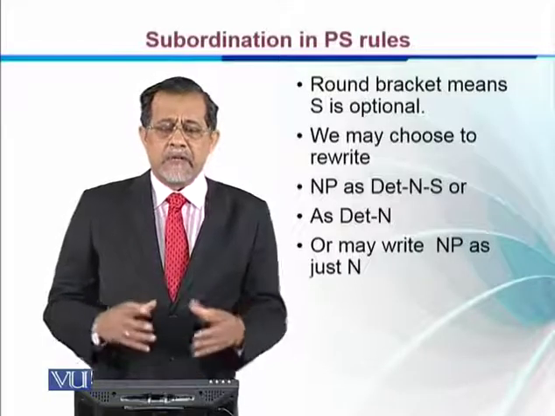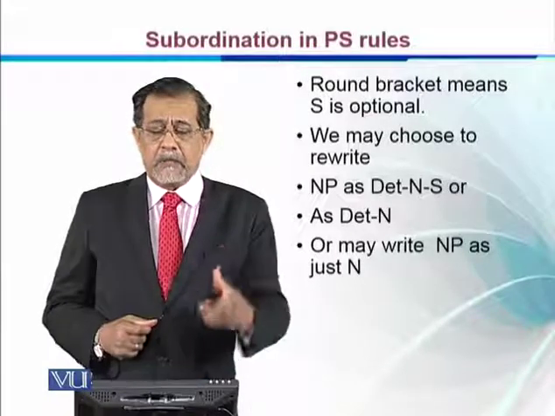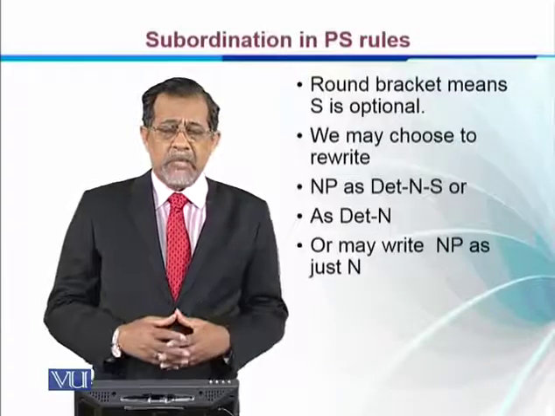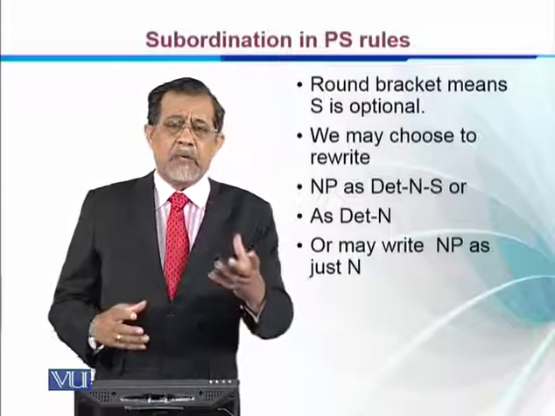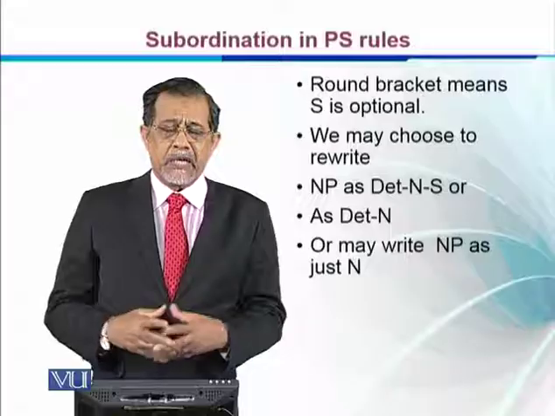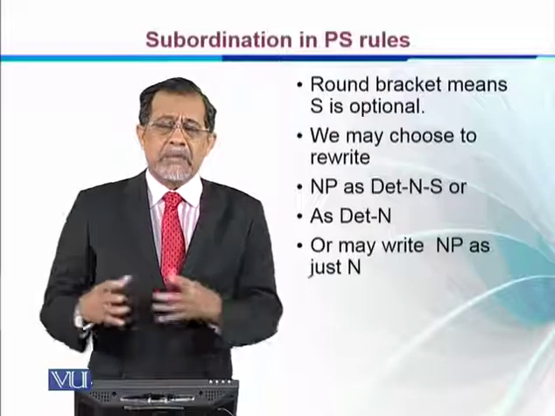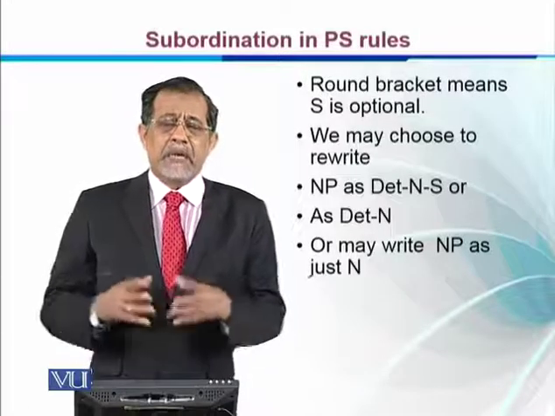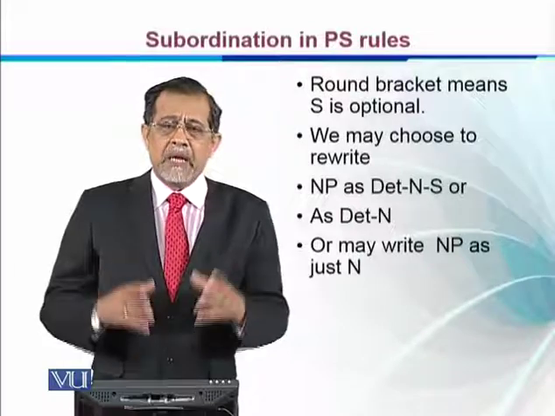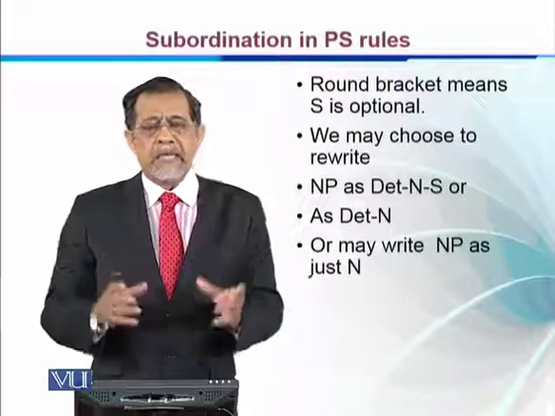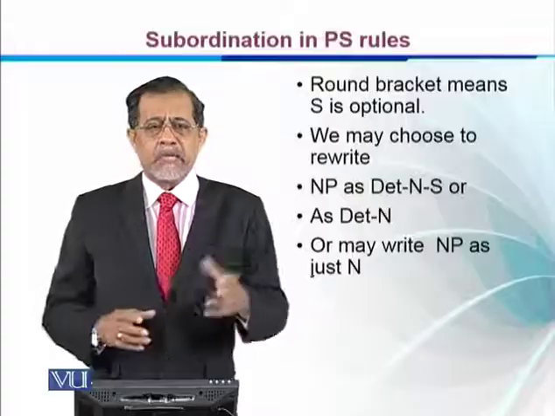So these are different ways in which we explain how to know the constituents of the sentence. We've talked about labeled brackets and then tree diagrams. Our purpose is to know what grammatical constituents a sentence has.